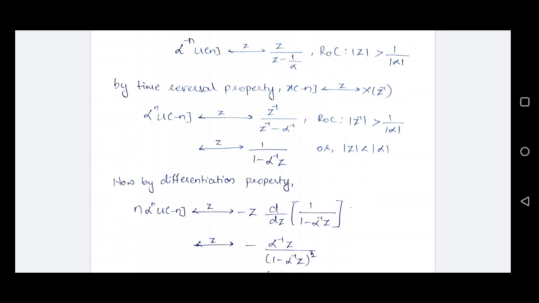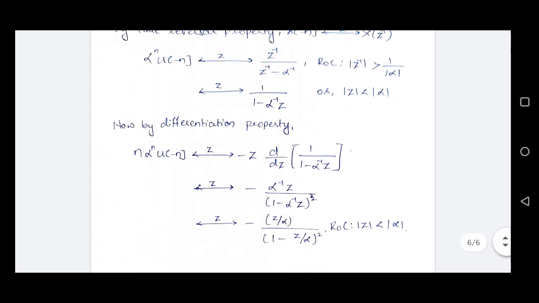We can rewrite this z transform as 1 divided by (1 - alpha^-1 z), and the region of convergence will be mod of z less than mod of alpha.